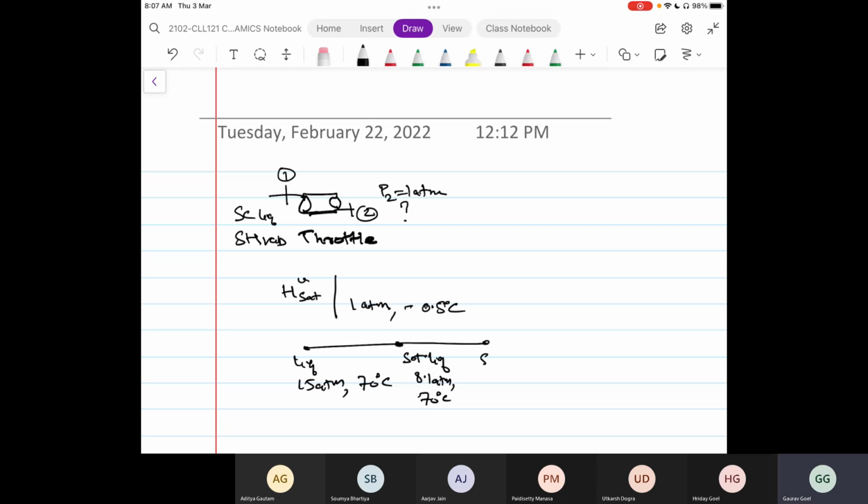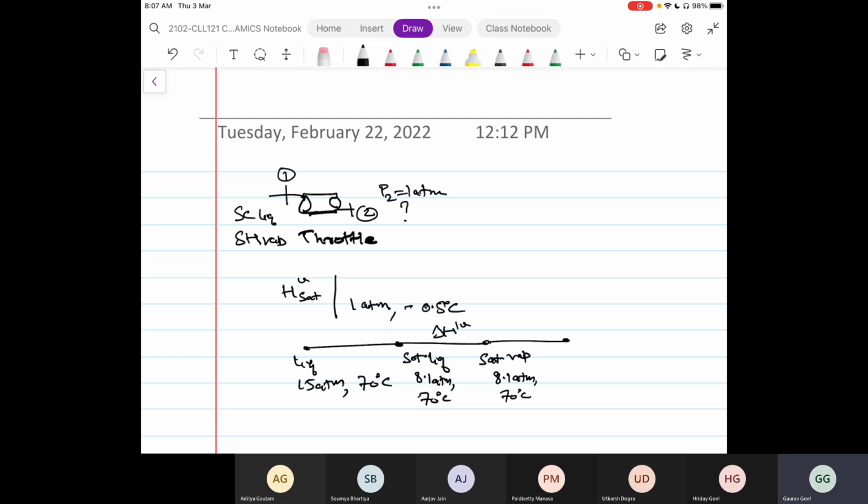Now convert this saturated liquid to saturated vapor. For example, you could use the Clausius-Clapeyron equation to get this delta H, and this saturated vapor you will get at the same conditions, 8.1 atmosphere and 70 degrees Celsius. But I need the values at 1 atmosphere and minus 0.5 degrees Celsius.